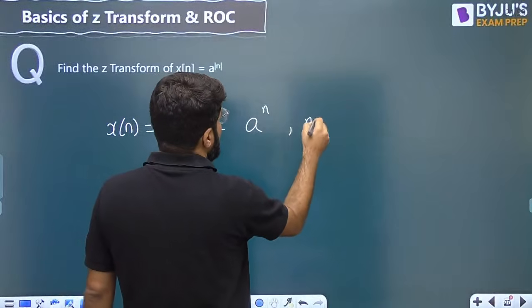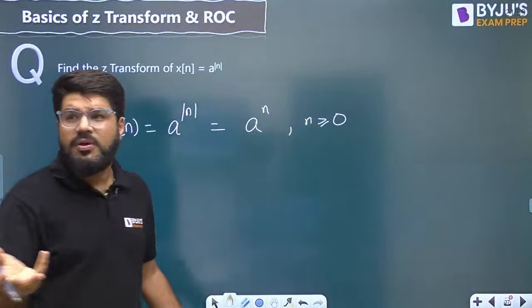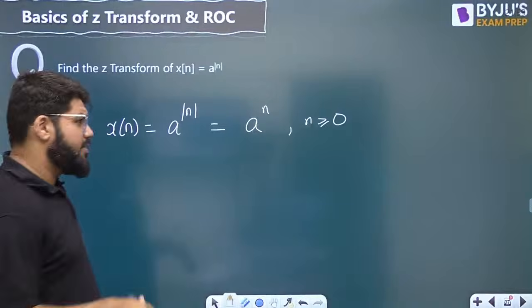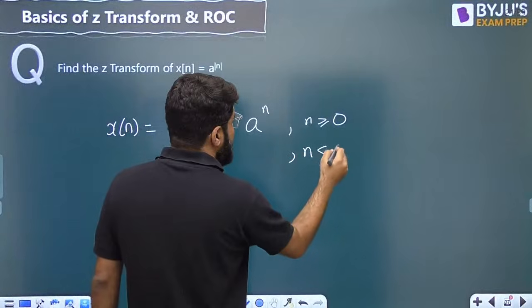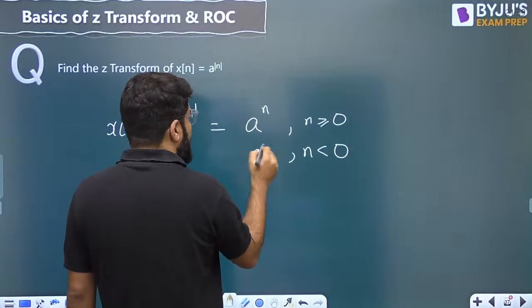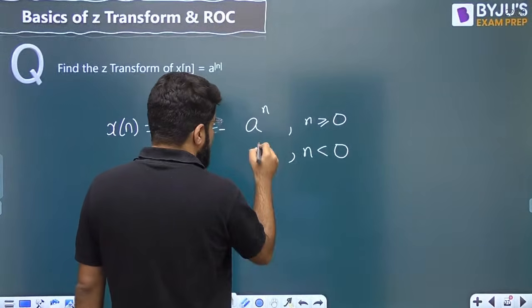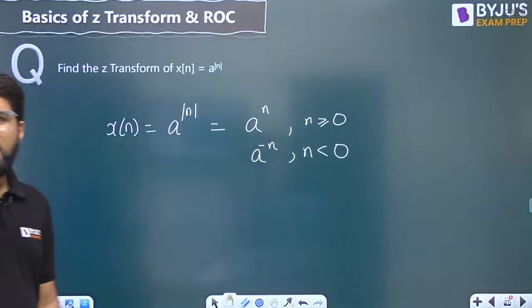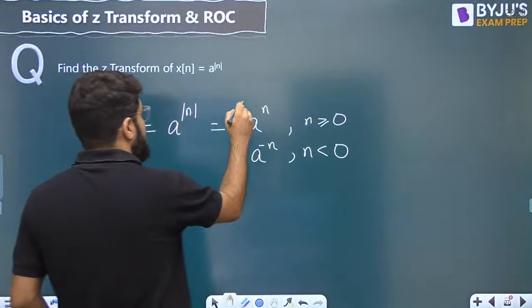Modulus of n equal to n whenever n is positive. If it is already positive, so why to consider the mod? But if it is negative, for n less than 0, modulus of n is known as minus n, the very basic modulus definition.